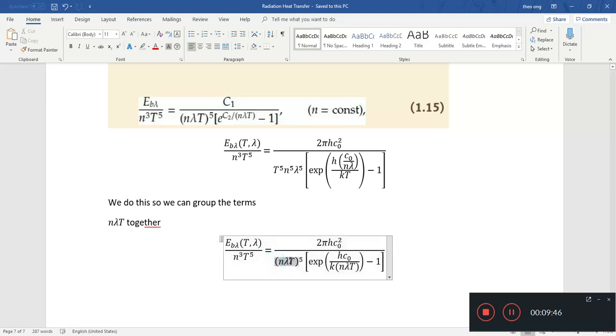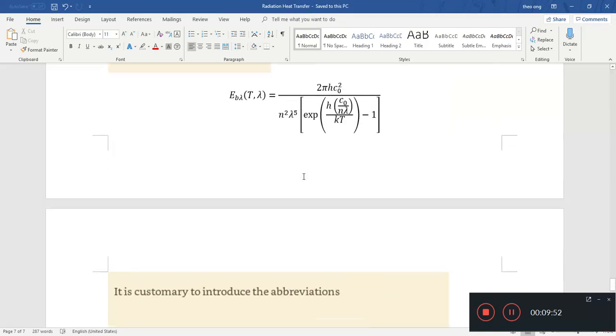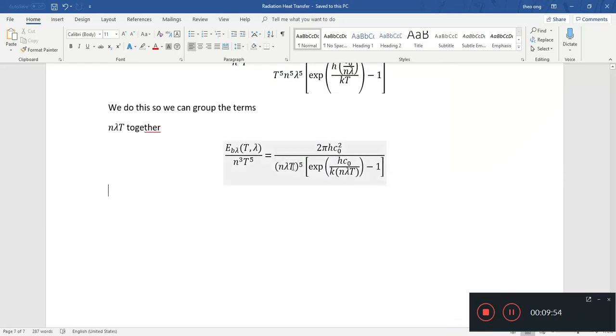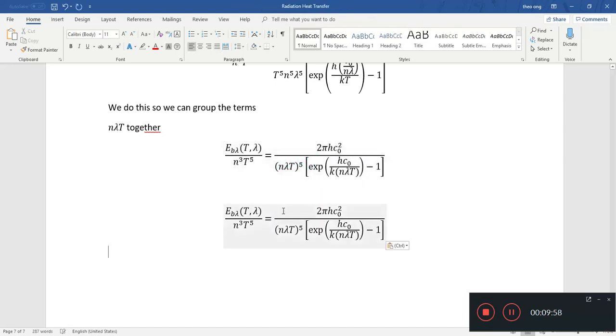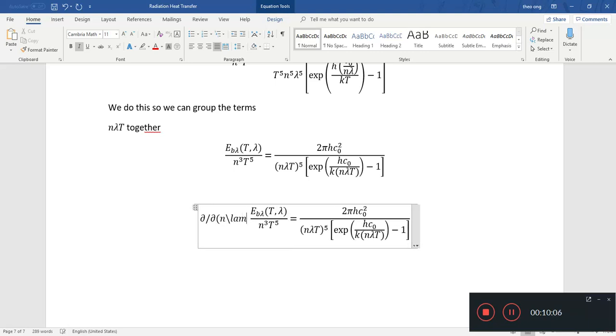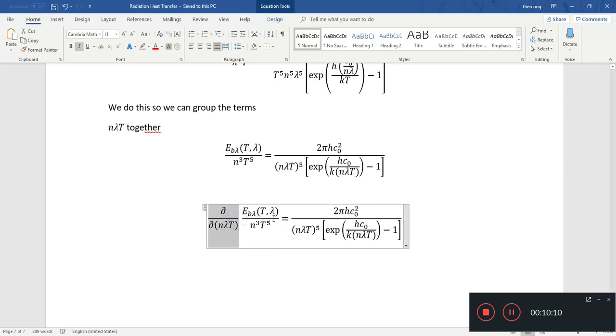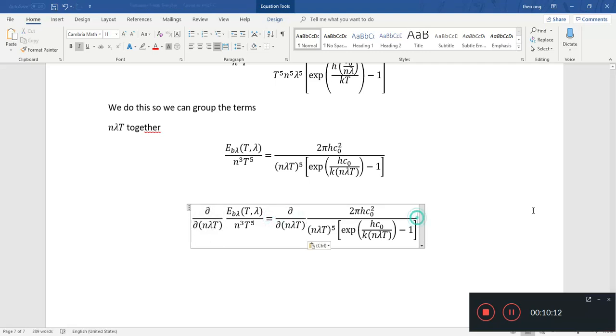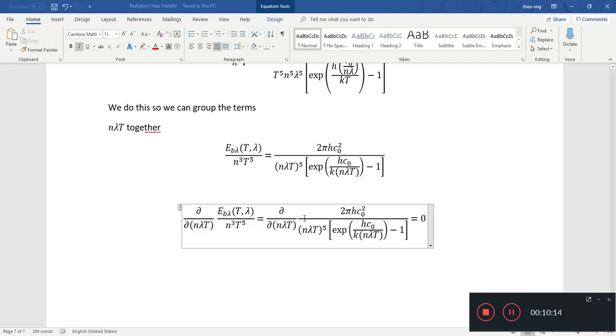And now we see that everything else is constant except for this term n lambda T. So instead of differentiating with respect to lambda alone, we can change to n lambda T. So we are going to set this n lambda T derivative to 0.